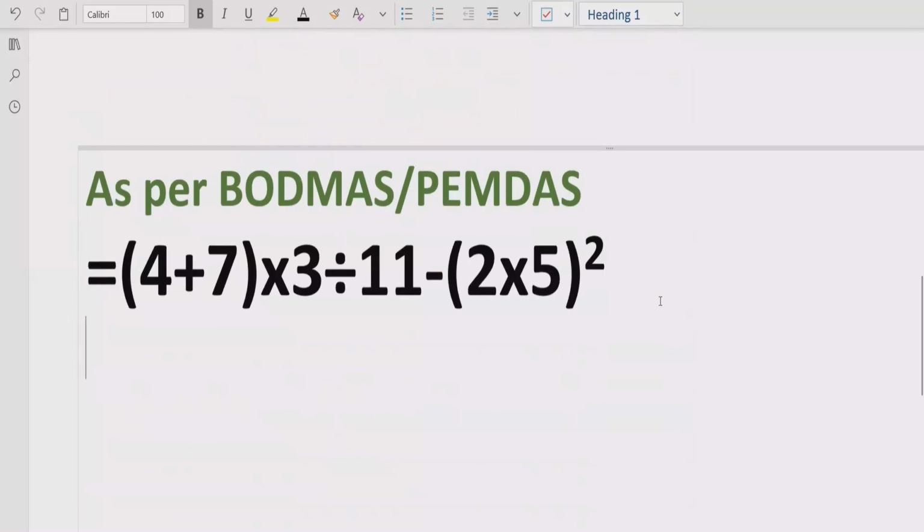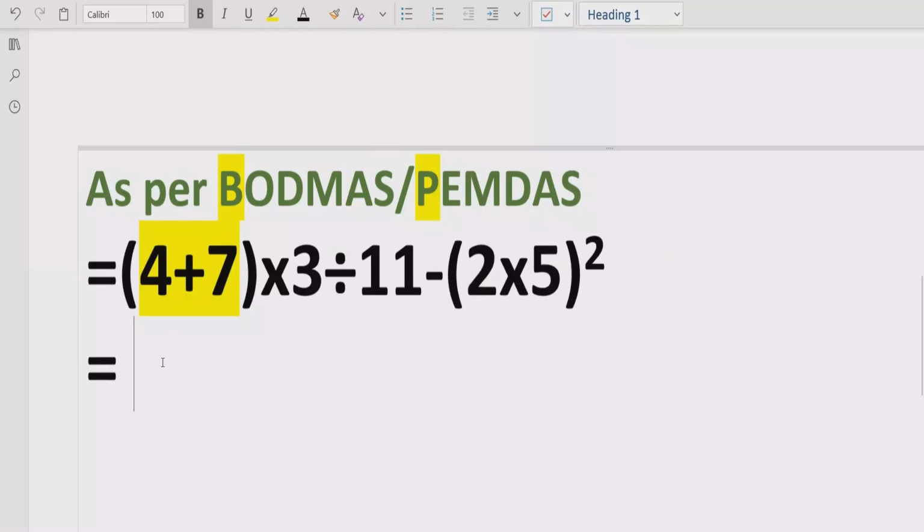According to the BODMAS and PEMDAS rule, first of all, we have to solve the bracket. So first we have here two brackets, one is 4 plus 7 and the other one is 2 multiplied by 5. So first we have to solve this bracket, which is 4 plus 7.